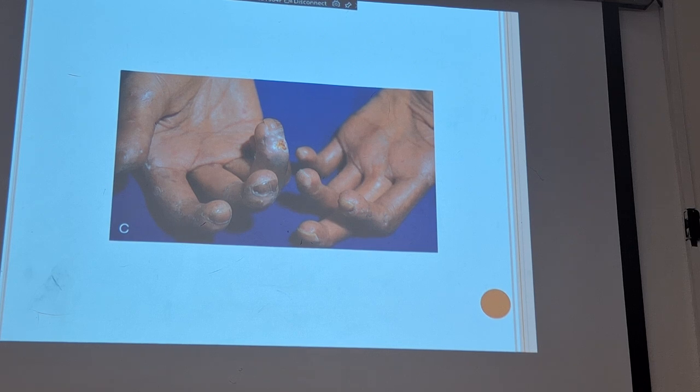And about sclerosis, scleroderma, we said that we have limited systemic sclerosis or CREST syndrome and diffuse, and we also have localized scleroderma, which only involves skin.